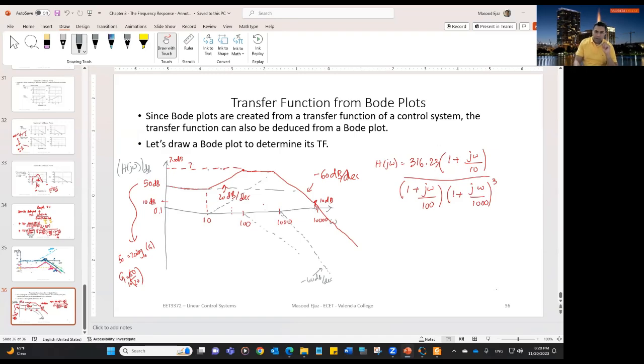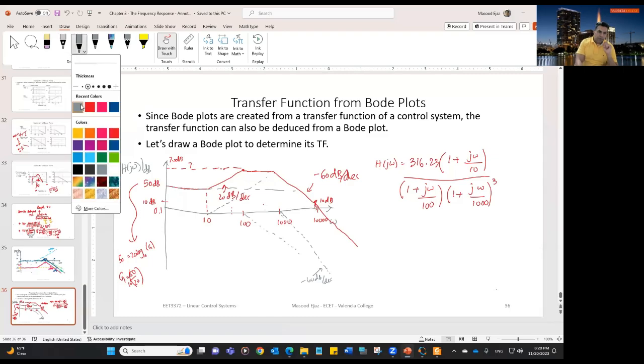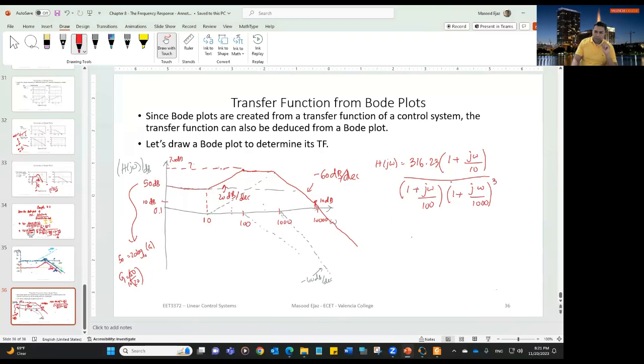So these will be our values from the graph. Now, when you're writing the transfer function, of course, you're writing in terms of S, so we're going to clean this up a little bit.